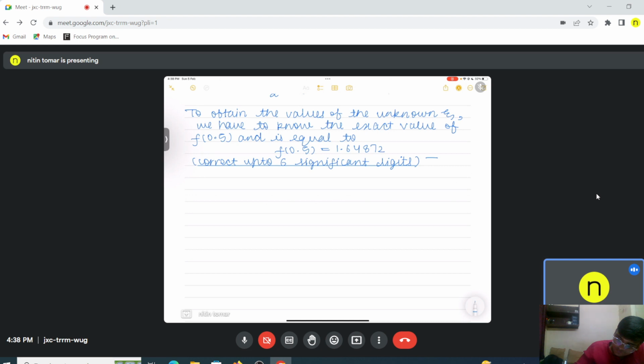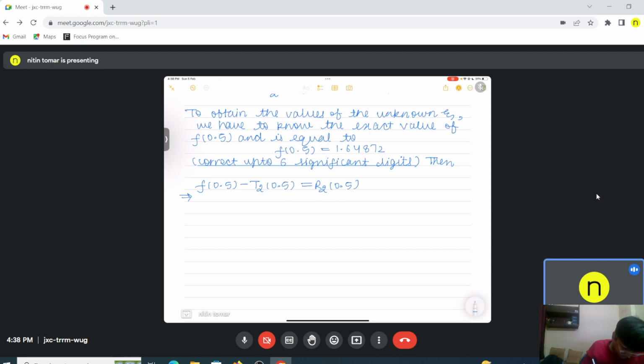So then what do we do? We know the remainder term. What is the value of the remainder term? If you subtract f of 0.5 minus T2 of 0.5, we know these two values, and this will be equal to R2 of 0.5.